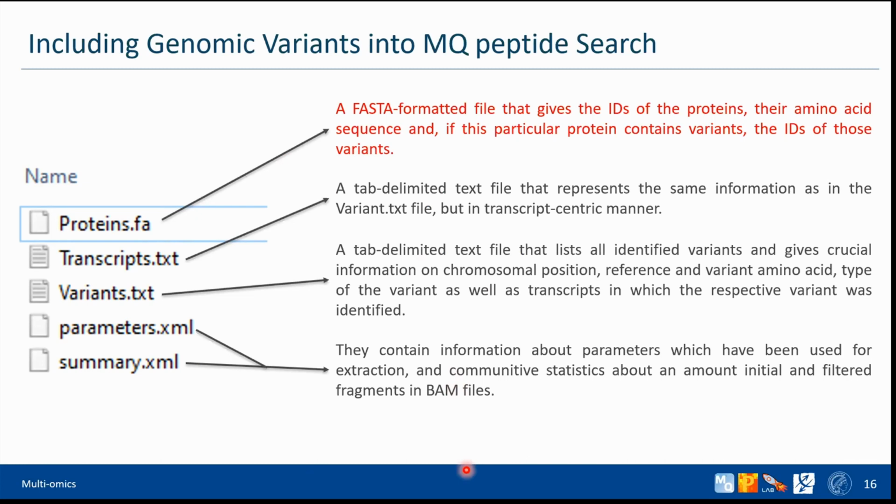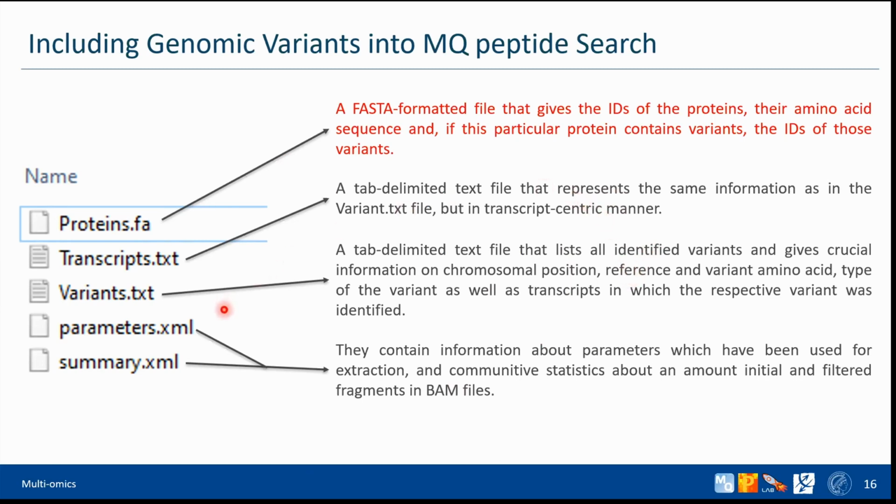The second and third files will not really be used in your database search. They contain information that represents the identified variants. You can check them for further information.